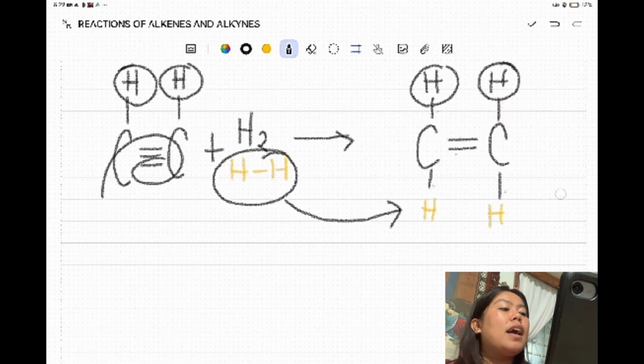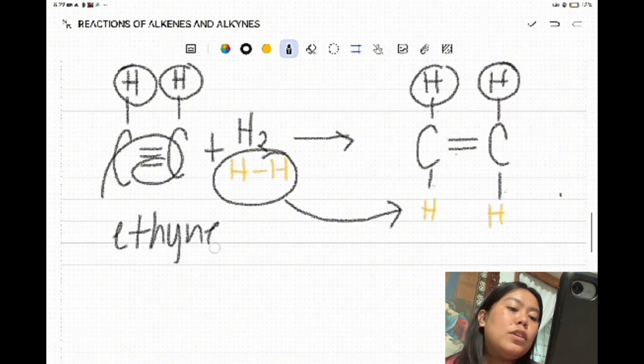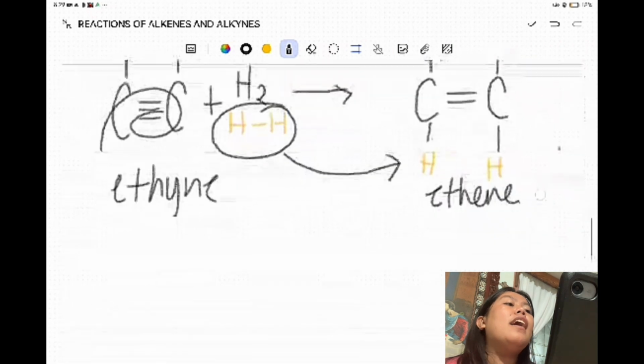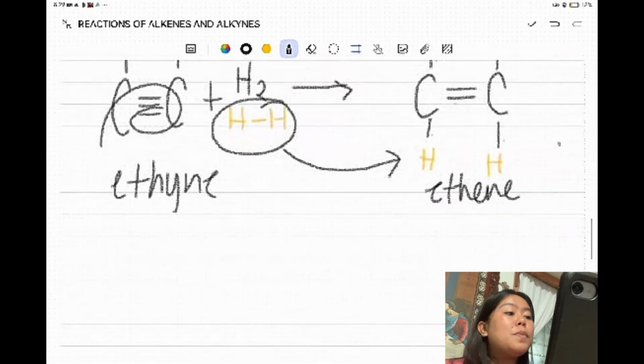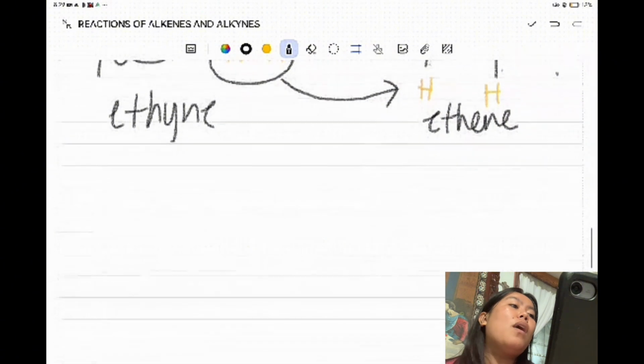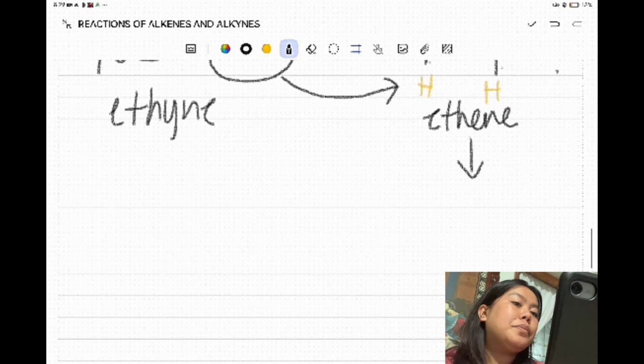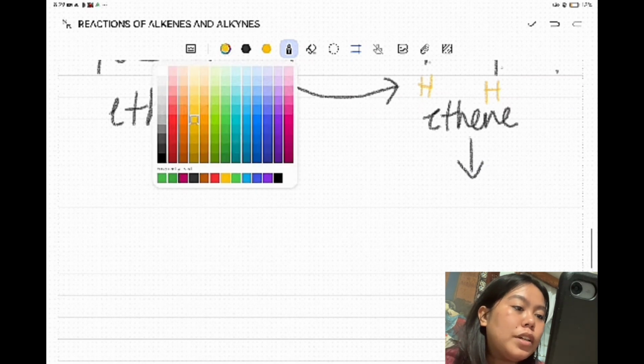So from ethyne it becomes ethene. We can still reduce ethene into a single bond with another addition of hydrogen. Let's change color.